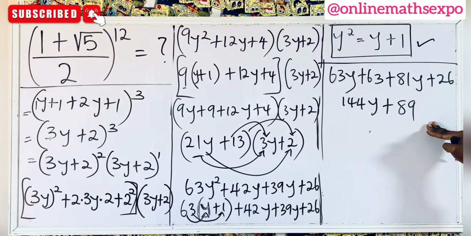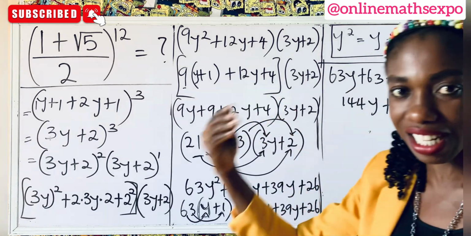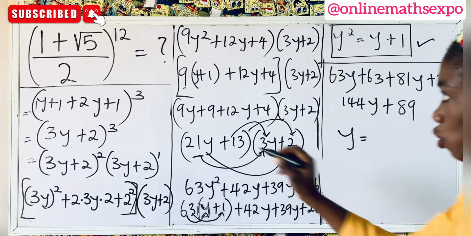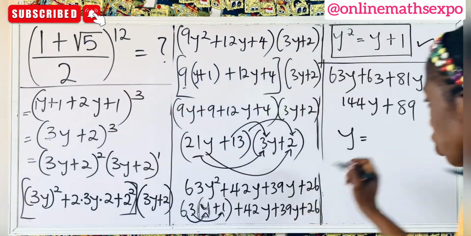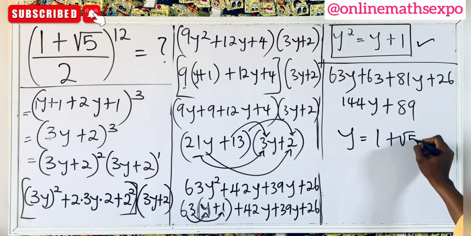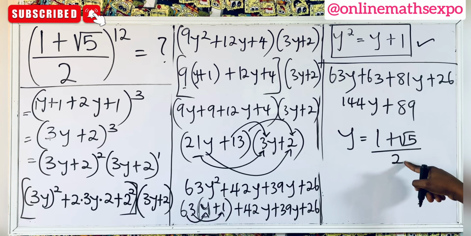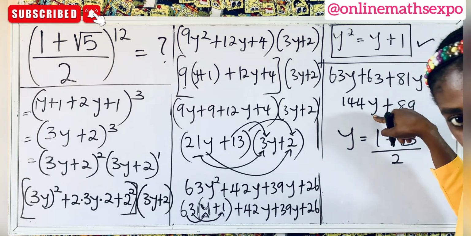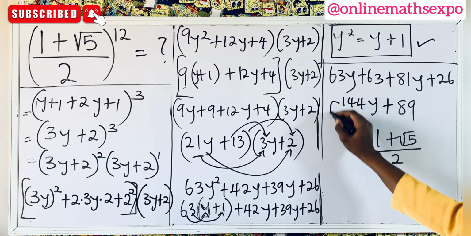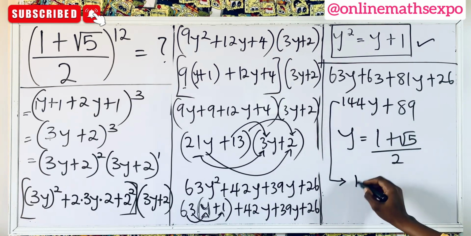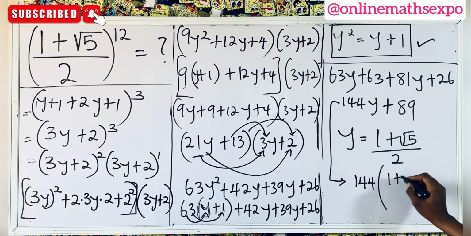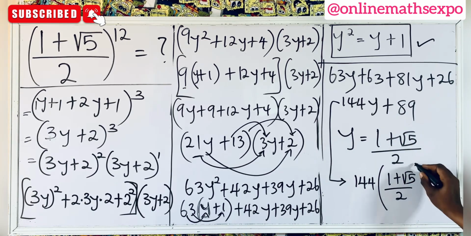So what you will now do is go back to where you made the statement. Remember we said our y is equal to the value inside, which is 1 plus root 5 all over 2. So we are going to put in this y here to get the actual result. From here we are going to have 144 into 1 plus root 5 over 2, then plus 89.